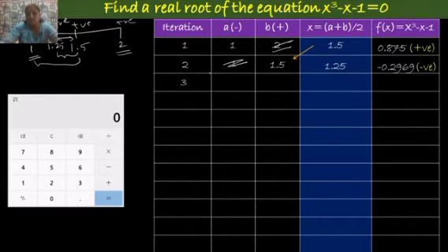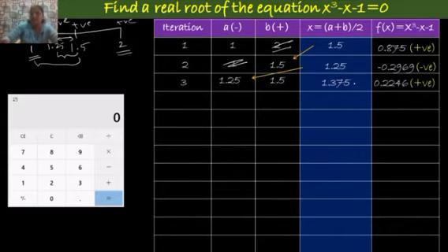So in the third iteration, the value 1 is replaced by 1.25, and 1.5 is B. Adding these two values, 1.25 and 1.5, and dividing by 2, you get 1.375. At this point the value of the function is plus 0.2246.